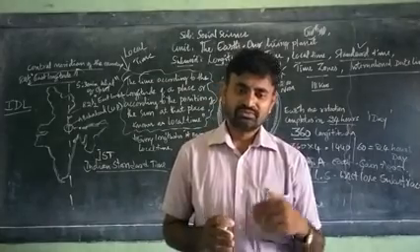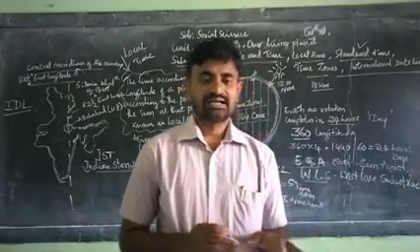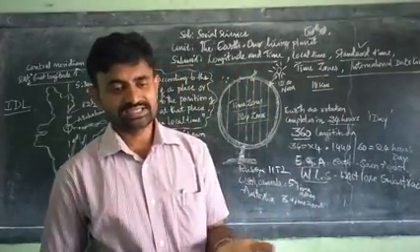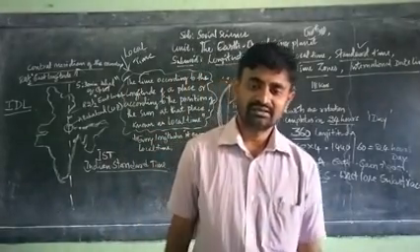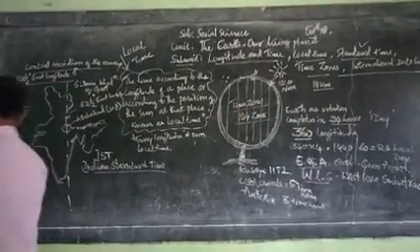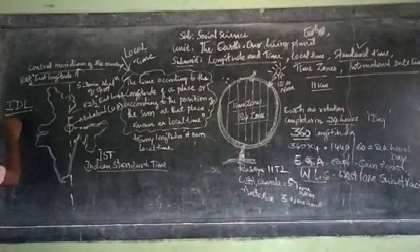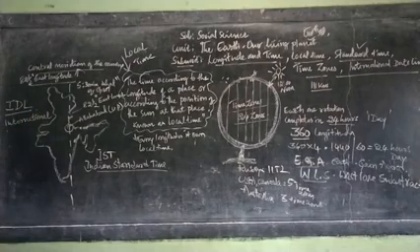So west to east gains a day, and east to west drops one day. This is what we call the international date line.